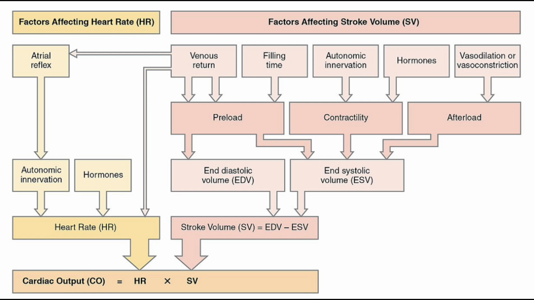Now the final one is afterload. This is the resistance the heart must push against to eject the blood. Afterload goes up due to higher vascular resistance and damage to the semilunar valve, and it increases the end systolic volume, so stroke volume drops. But if the vascular resistance drops, like in vasodilation, end systolic volume decreases and stroke volume increases.